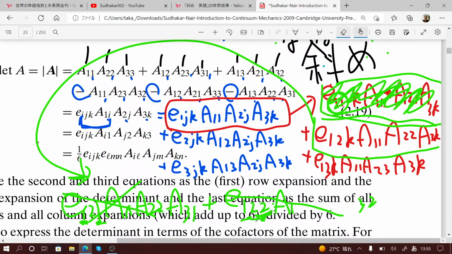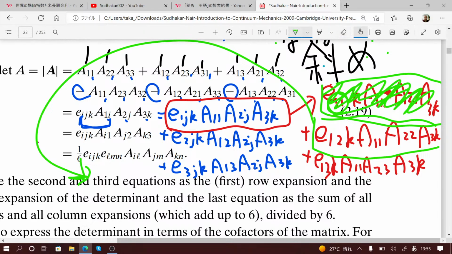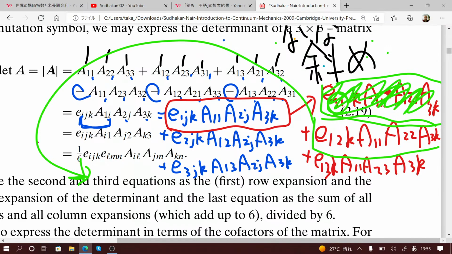Okay, so let me delete this. Oh, sorry. And finally, a non-zero term here is epsilon_{123}, right? Epsilon_{123}, then this is A_{11} A_{22} A_{33}.